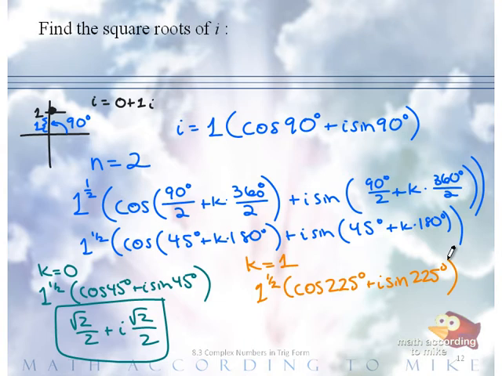What is the cosine of 225 degrees? Negative radical 2 over 2. And the sine? Yep, and again, we're going to ignore the 1 to the 1/2 because that's also just 1. So negative radical 2 over 2 minus i radical 2 over 2 is the other square root of i.